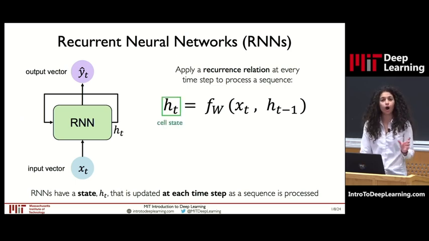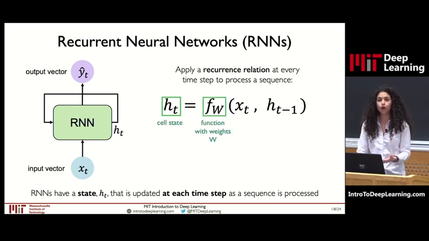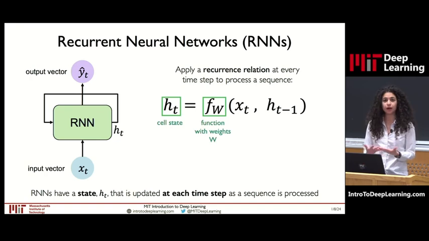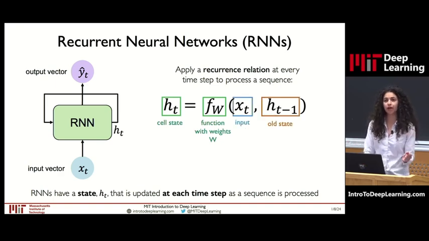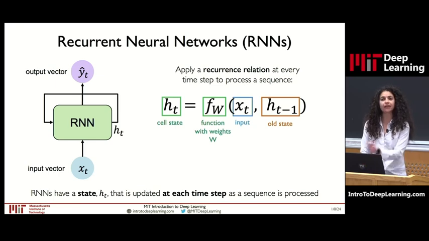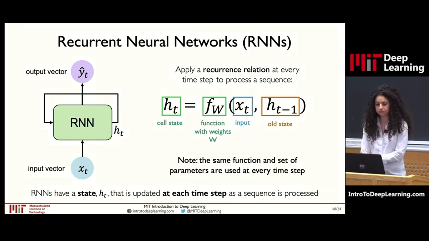We have this cell state variable, h of t, and we're learning a set of weights, w, that is a function of both the input at a particular time step and the information passed on from the prior time step in h of t.